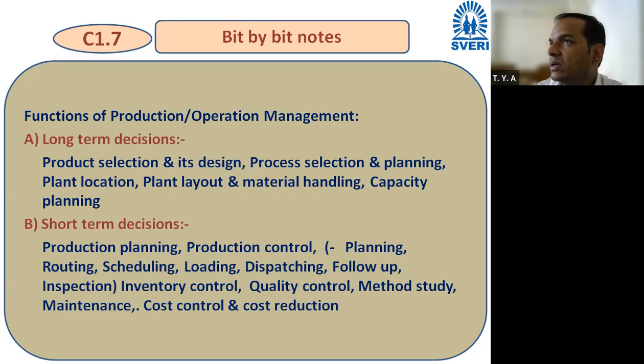In that, write down first point, A, long term decision. Let's list which ones they are. Write down: product selection and its design.